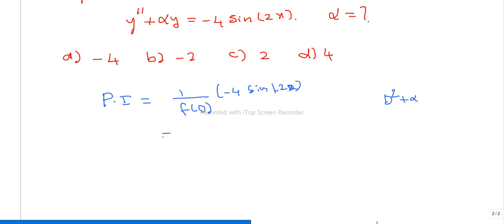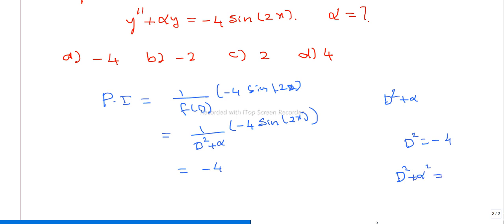So therefore this is equal to 1 by D square plus alpha times minus 4 times sin 2x. You can take minus 4 outside. Now you have to substitute. What do we have to substitute? You have to substitute D square equal to minus a square, that is minus 4.